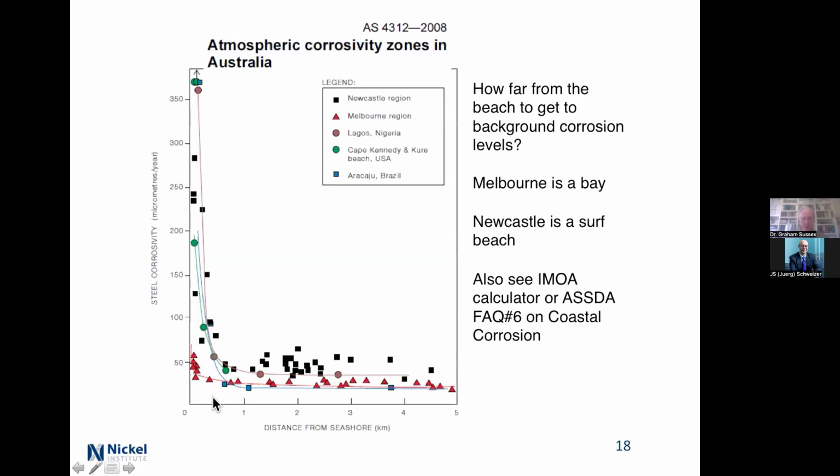Whereas the black squares are an ocean beach, or actually a surf beach. And so you go a long way inland, and there's a lot of bouncing up and down because of the variations in deposition. But you've gone, what, 2 and 4.5 kilometres, and you're still not down to the background level that you would expect.